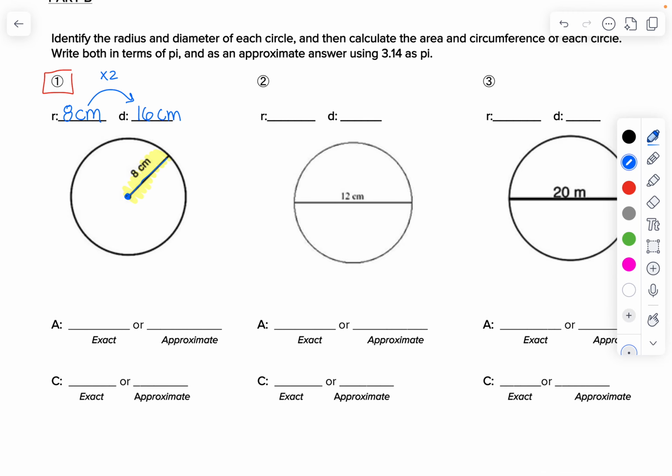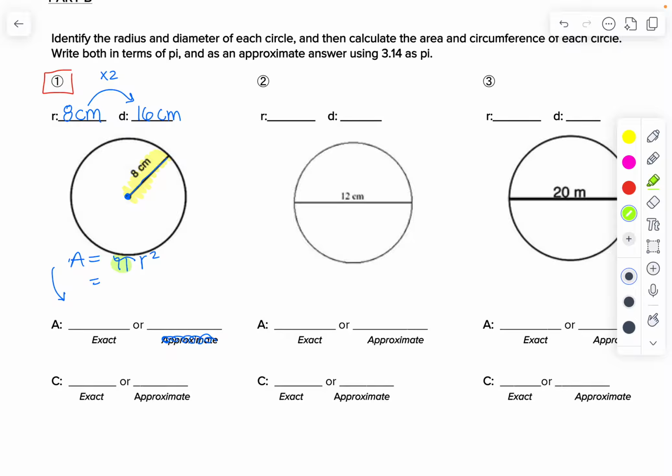Now for area, we're just going to be working on the exact one since we have less time. This is the one we need. So for area, we're going to replace the values that are given into our formula. So area is equal to pi r squared. We know pi, let me do it in green.